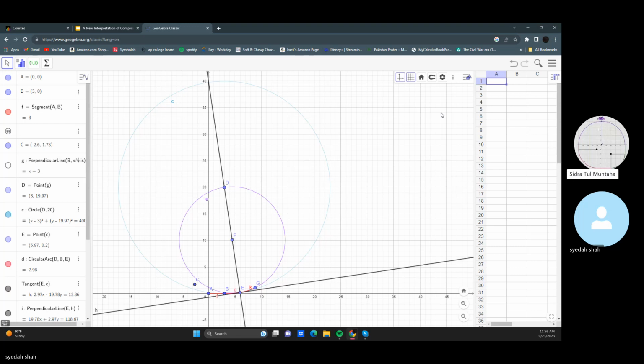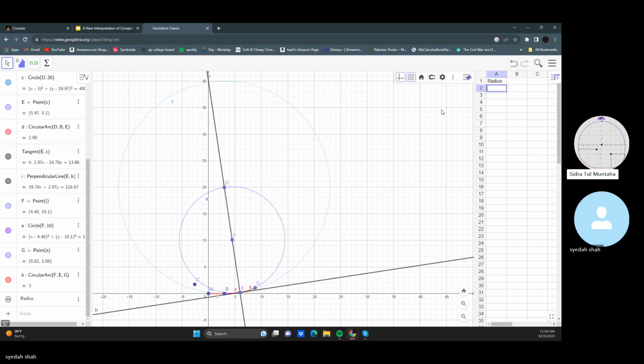In the first cell, write radius. And then in the cell 1B, we can write the arc length, which is S in our case.